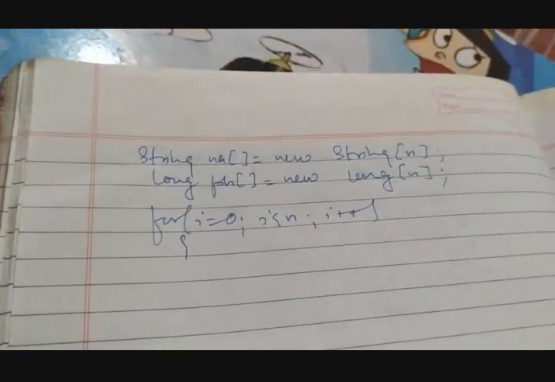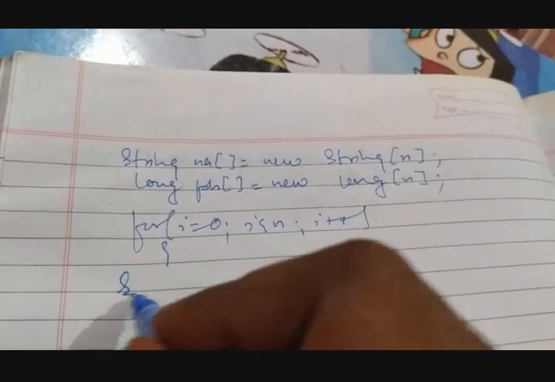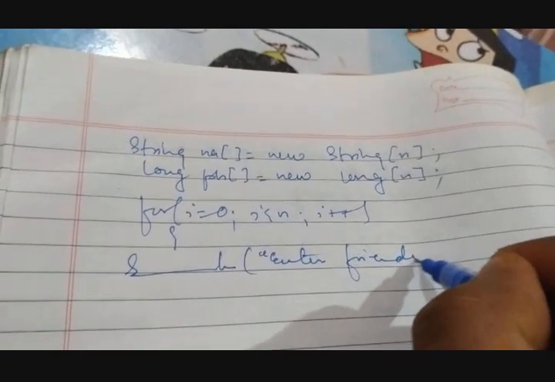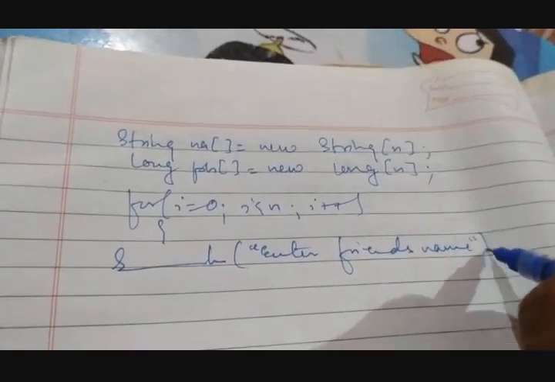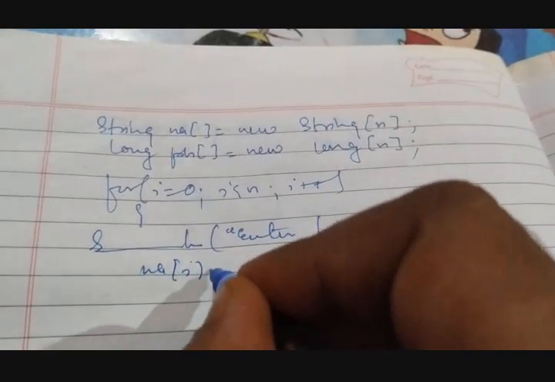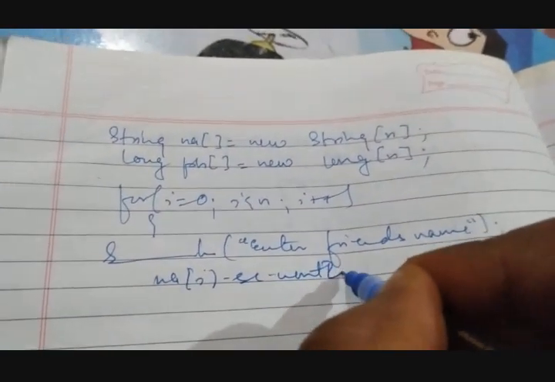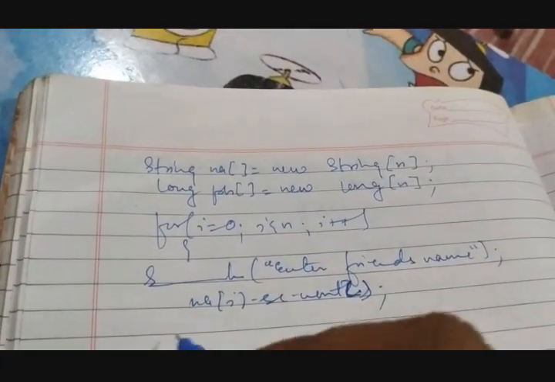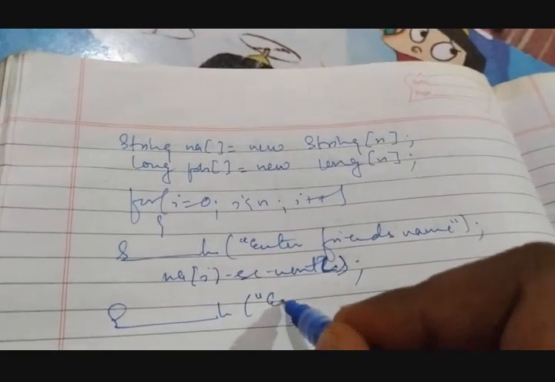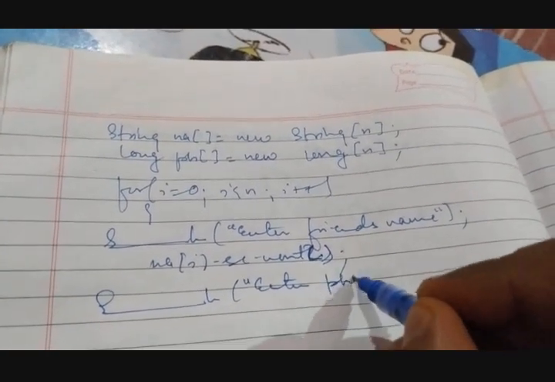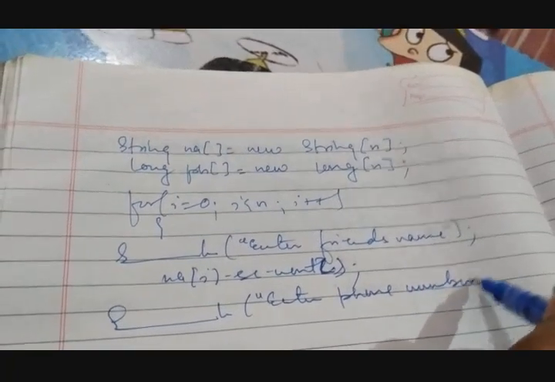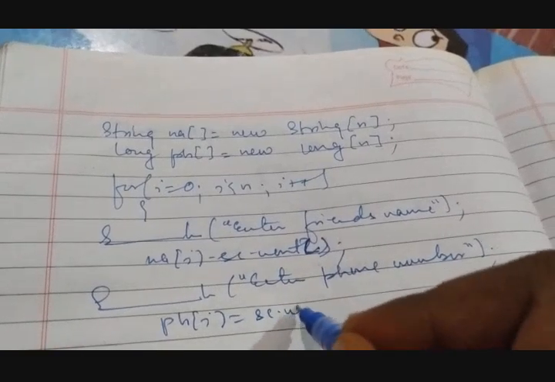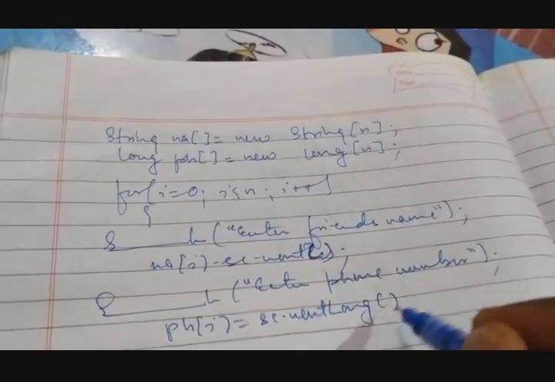Alright, and now we will make an entry to it. Enter friend's name, na of i equals to sc.next method. So enter phone number, ph of i equals to sc.nextLong method.